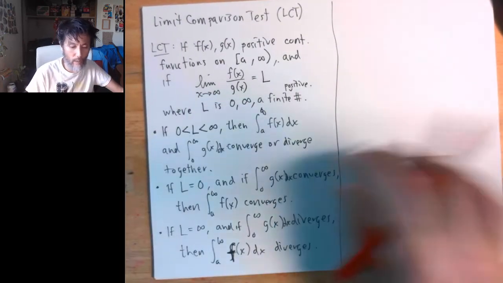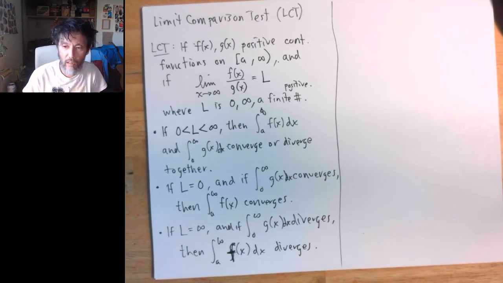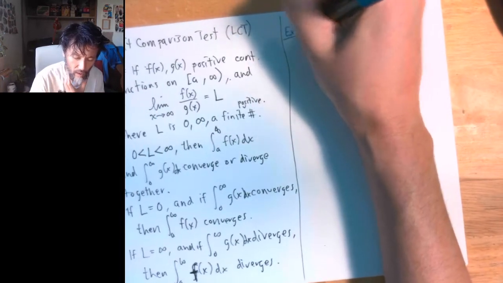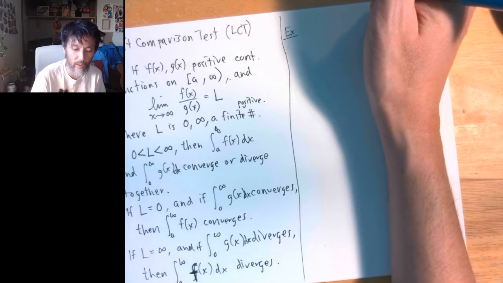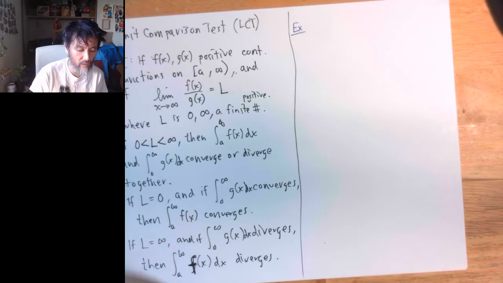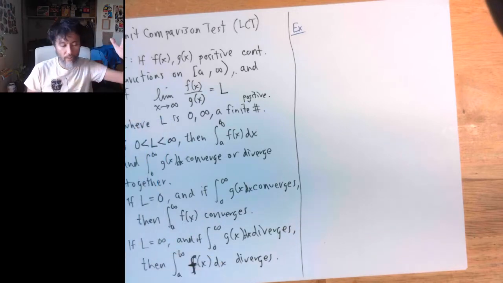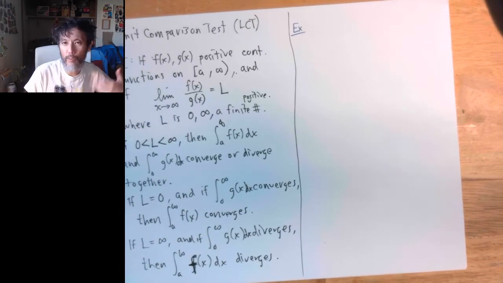So let's do a problem. Let's do an exercise using the limit comparison test. What I want to do is test an integral for convergence. Limit comparison test, it turns out, is very good at analyzing the convergence or divergence of an integral when the integrand is an algebraic function.